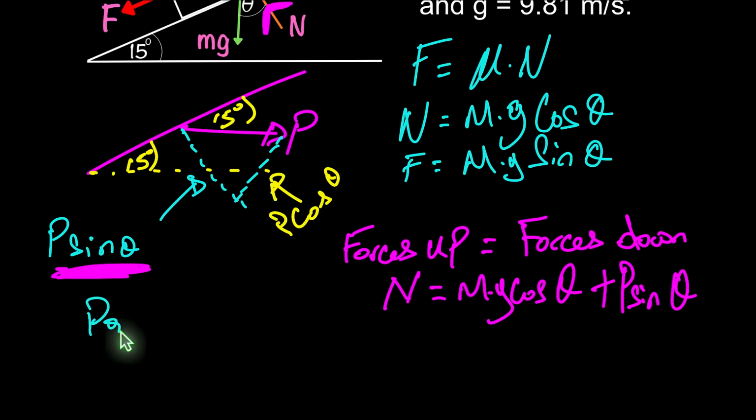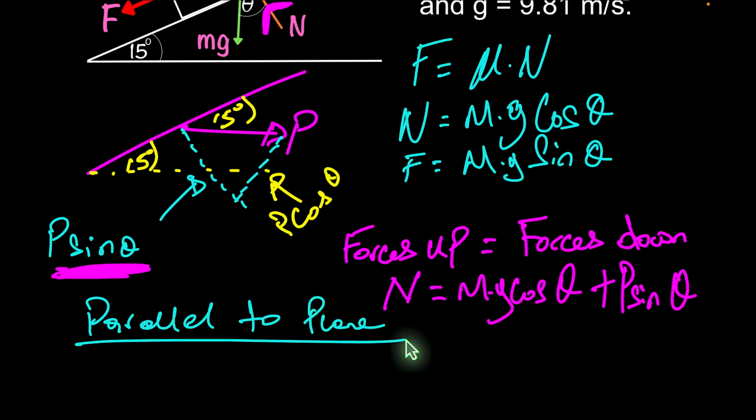So this is the set of components that are parallel to, I'll just write plane, which would be P cos, then the angle, and this bit now will be equal to the ones going in the opposite direction. So the ones that are going against this P, or the pulling component, which would then be the force.